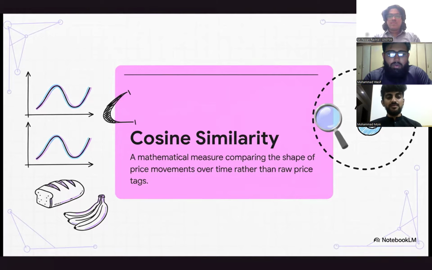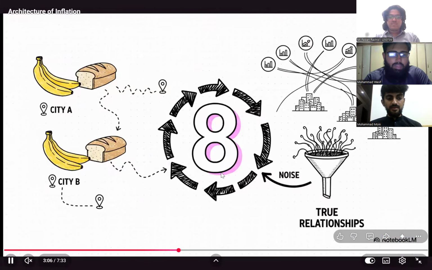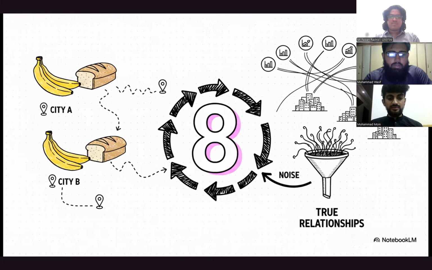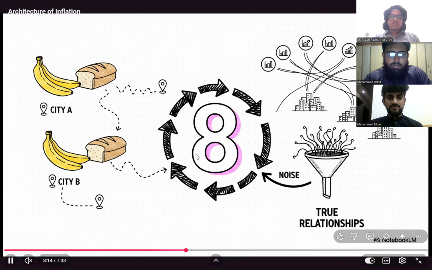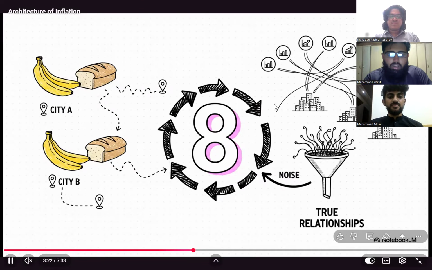K was the number of cities in which the tau value, or the cosine similarity, has been achieved in those nodes. Using these conditions, we constructed undirected graphs, where nodes represent consumer items and edges represent strong similarity relationships. We implemented this using Python and the NetworkX library, which allowed us to efficiently build and analyze the network structure.